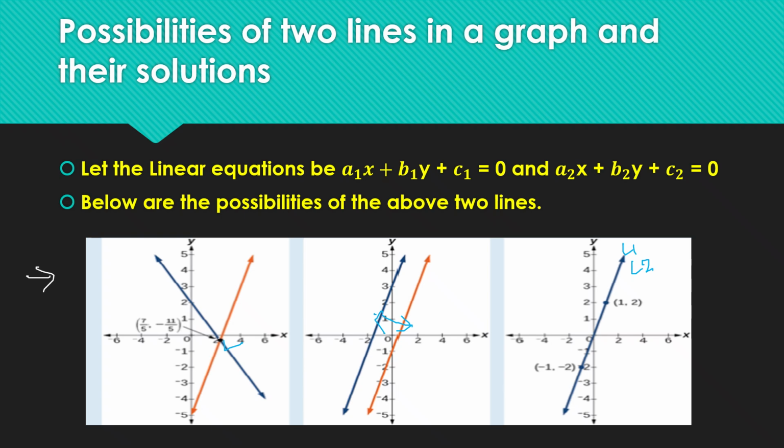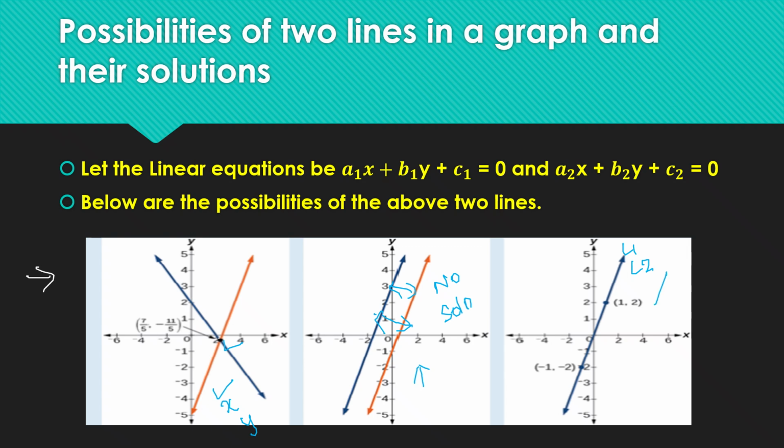So based on this, what I'm going to conclude actually. If they are intersecting, then you can get a solution. Solution means what? You will get x and y values. If they both are going parallel to each other, then they never ever meet at any point, so there is no solution. You cannot define any solution for this case. And the third case is two lines coinciding on each other.